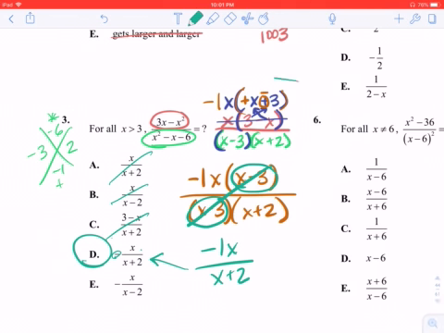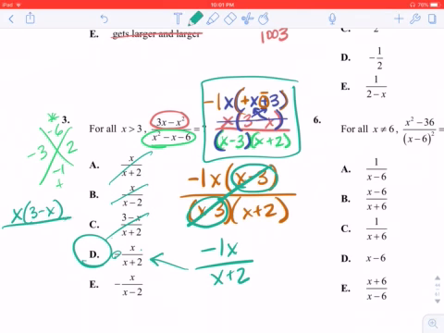Right? If this was tricky, I can show it to you in a different way. So remember I was at x and 3 minus x over x minus 3, x plus 2. All right. I'm still going to have to factor out that -1.